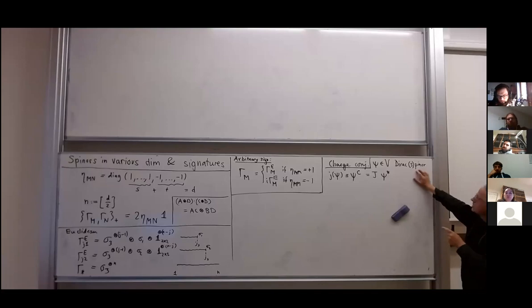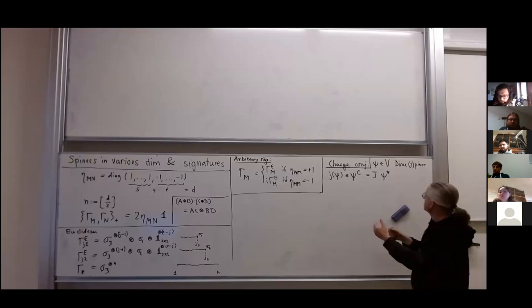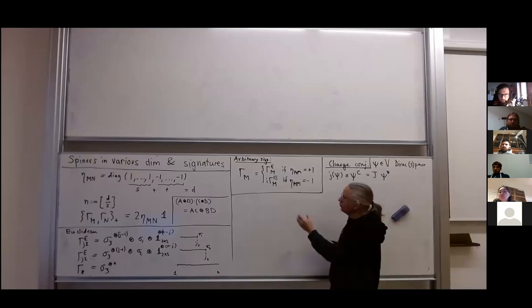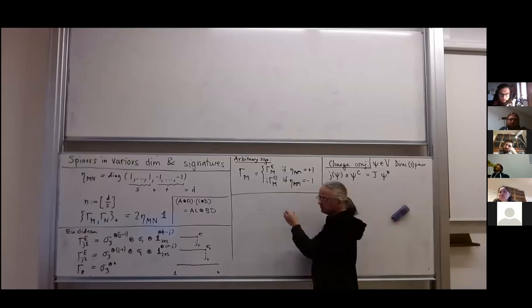So a Dirac pinor space is obviously also a spinor space, because we only apply combinations of two gamma matrices. Does that make sense?